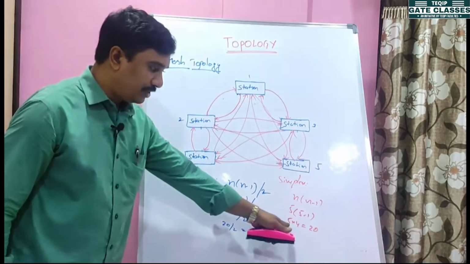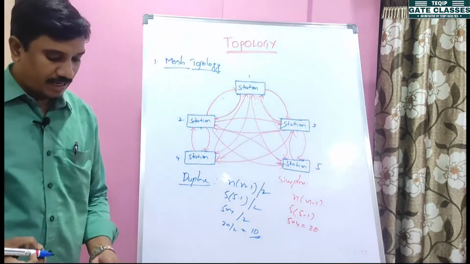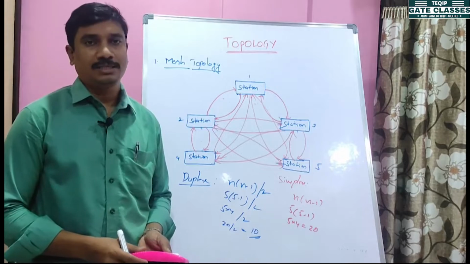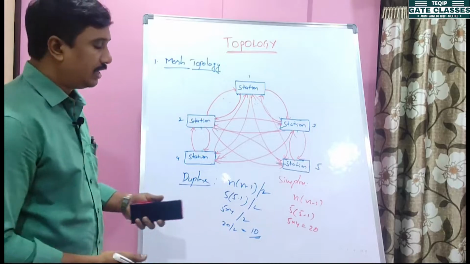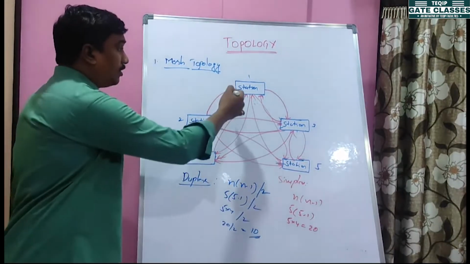If we are using the simplex mechanism, the data flow is only one direction. Already we had discussed this in the last class. So that is called the simplex mechanism. If you use the simplex mechanism, 20 cables are required for the 5 stations.